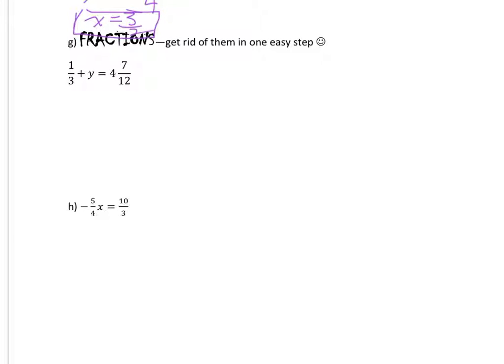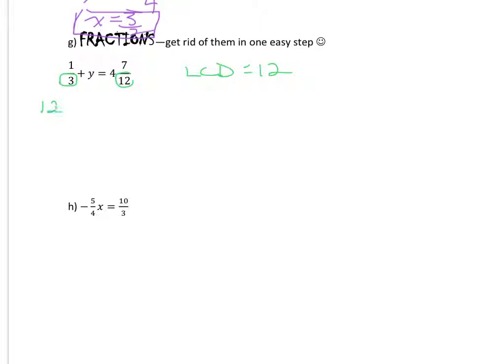The trick is this: if you look at all of the denominators in the equation, on both sides, so I've got the 3 and the 12, you can see that the lowest common denominator is going to be 12. Multiply every term on both sides of the equation by 12.